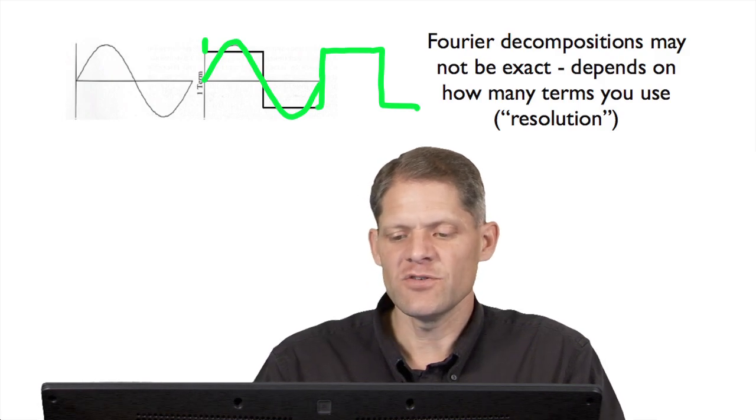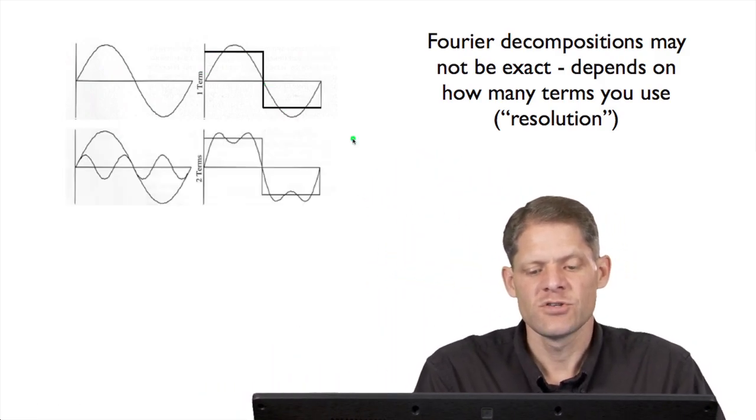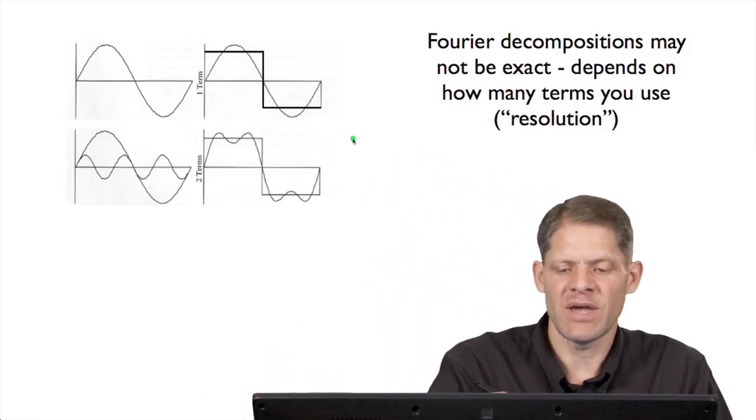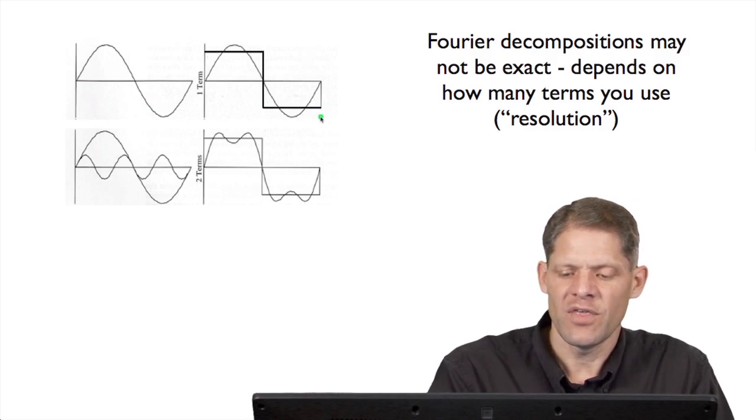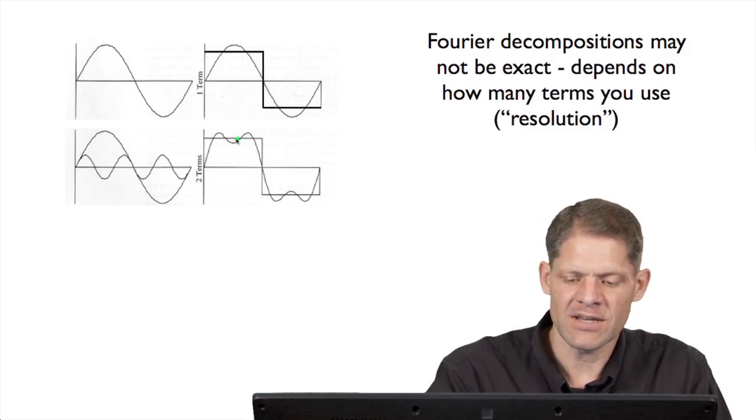But if I get to use two sine waves to approximate this step function, the next sine wave that I would like to add is this one here. Now, why this one?